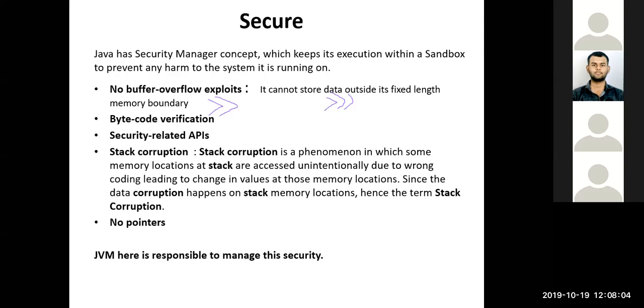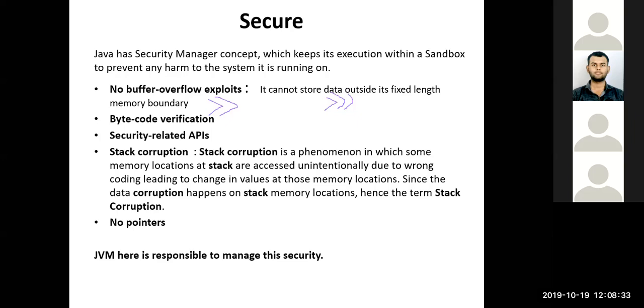When you write a particular program, what happens in general is that sometimes you write your program without understanding its architecture, the programming language, or the underlying operating system architecture. While writing that, you sometimes skip the basic fundamentals of the programming language, and that is the handling of memory.